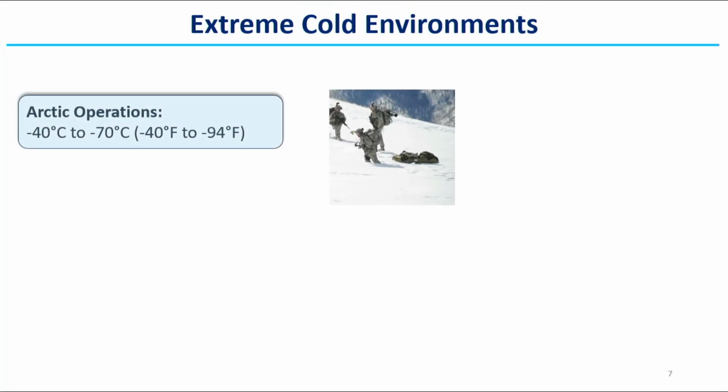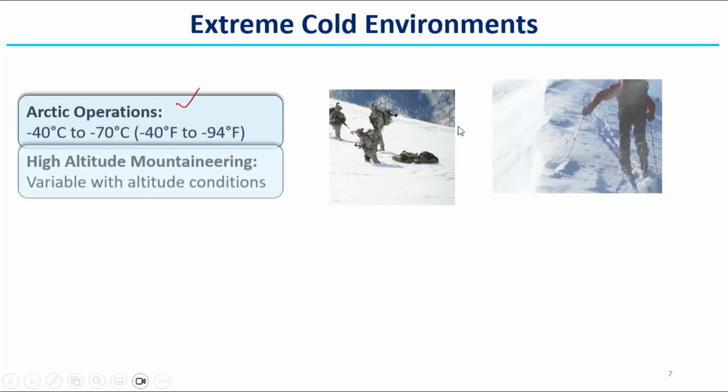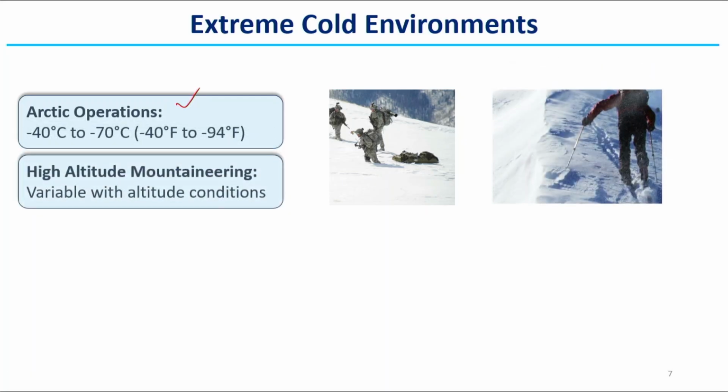There are different types of extreme cold environment. Arctic operations take place between minus 40 degree Celsius to minus 70 degree Celsius. High altitude mountaineering is also there, where the temperatures are variable with altitude.